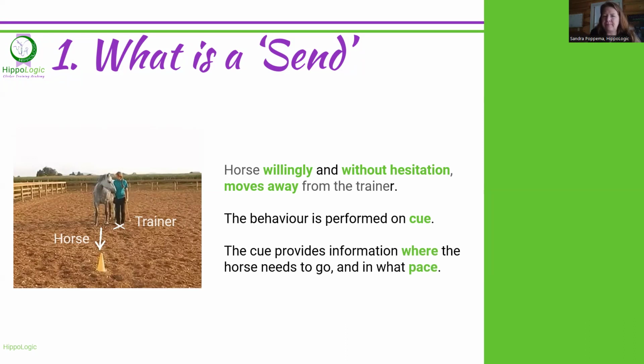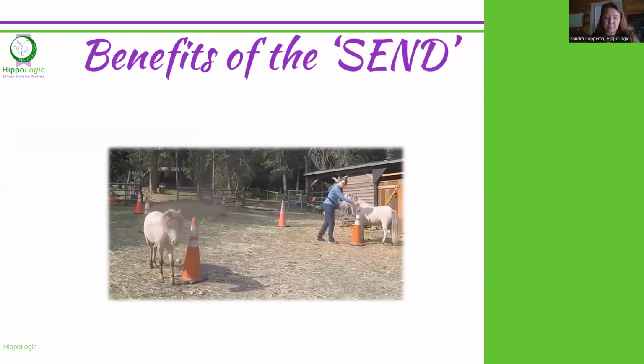And speed is an obvious and advanced criterion. And you can also teach this to teach a horse to move out of your personal space if desired. So here is why it's very important to ask your horse to move away from you.